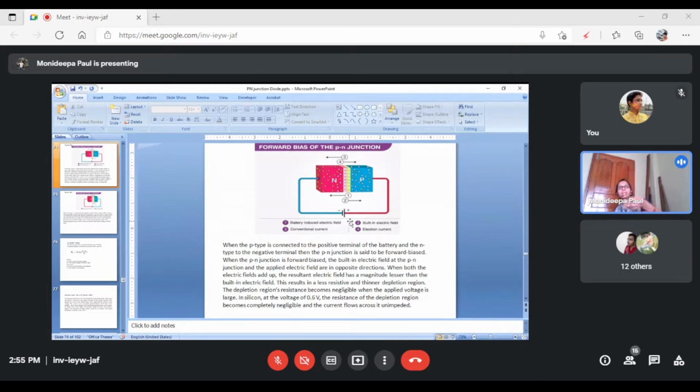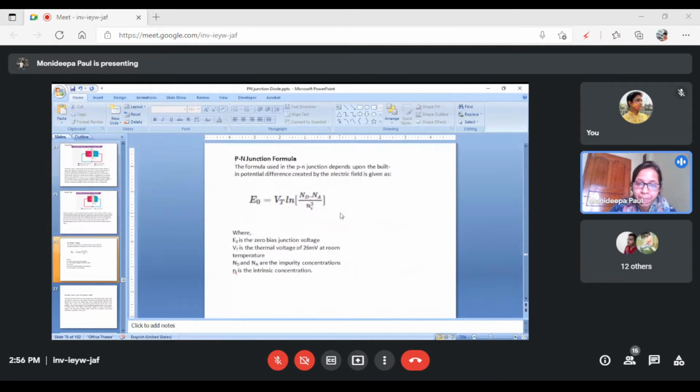So when you increase the externally applied voltage, the electric field developed inside the semiconductor material decreases. That means the resultant voltage decreases. If this voltage decreases, then the opposition offered by this material decreases, current flows through the semiconducting material, and we get current in the external circuit.